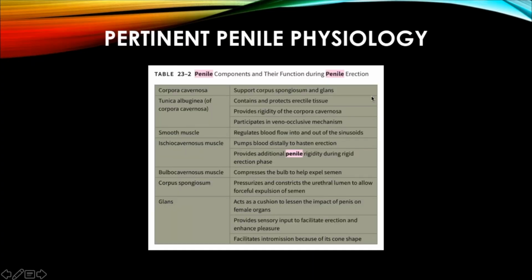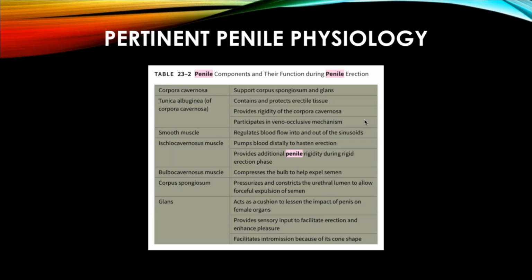Now, if you look, these are the functions of each of the areas. The cavernosa supports the spongiosum and the glans, and that's what carries the blood and causes the erection. The tunica albuginea contains and protects the erectile tissue and provides rigidity of the corpora cavernosa. It also participates in the veno-occlusive mechanism.